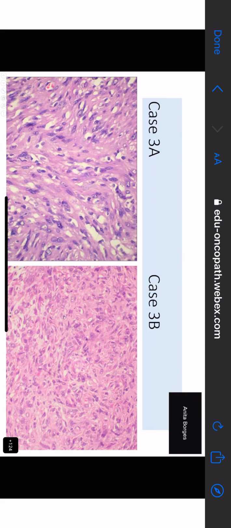Some of them are triangular, almost, or irregular, which suggests that their cytoplasm cannot be spindle, right? Cytoplasm is probably stellate. It's not all over. Many of them are spindle, but there is some degree of stellateness to the shape of these cells.